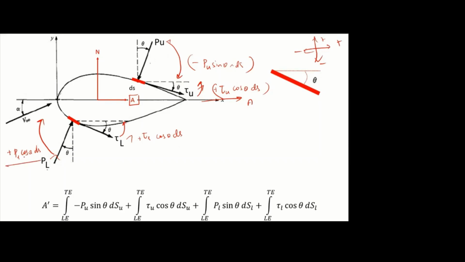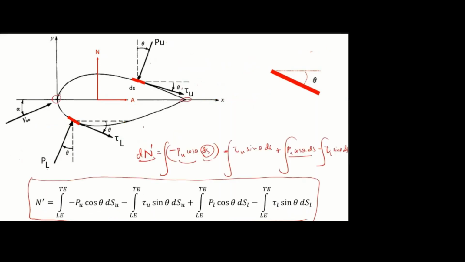Is this correct? This is sin theta, right? Okay. Horizontally if you resolve, it will be pl sin theta. So see, minus pu sin theta ds, positive tau u cos theta, positive tau l cos theta, then pl sin theta. Then if you integrate from leading edge to trailing edge, we can find the total axial force.